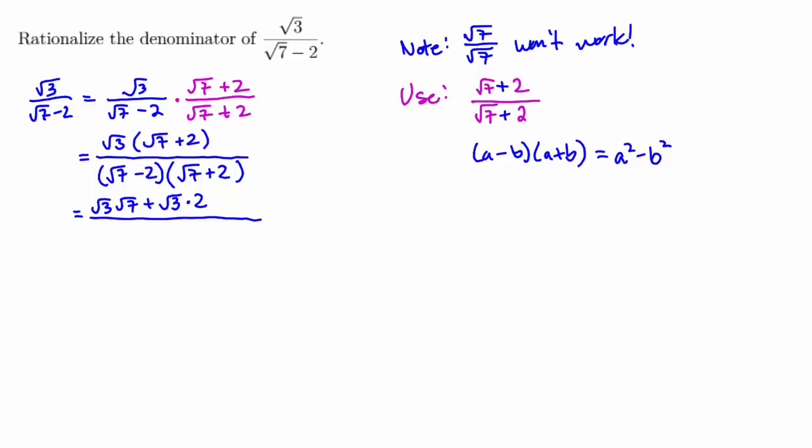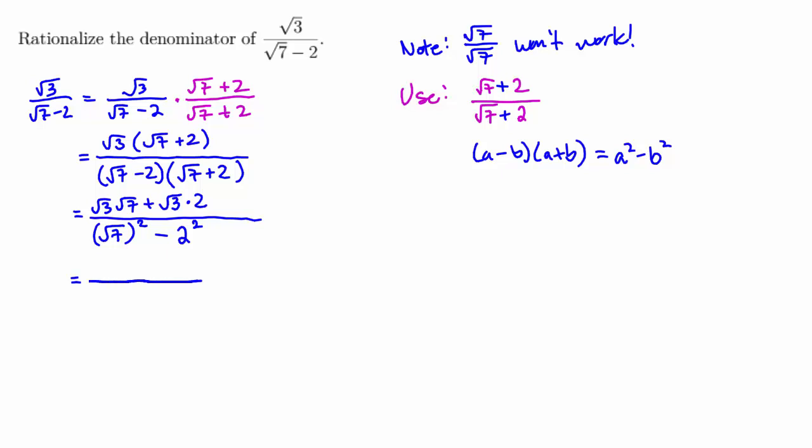So the square root of 7 times the square root of 7 is my first term. So I have the square root of 7 squared. And then the outside term would be 2 times the square root of 7. The inside term would be negative 2 times the square root of 7. So those two cancel. And then I have minus 2 times 2, or minus 2 squared. So in that denominator, I have the square root of 7 squared minus 2 squared.